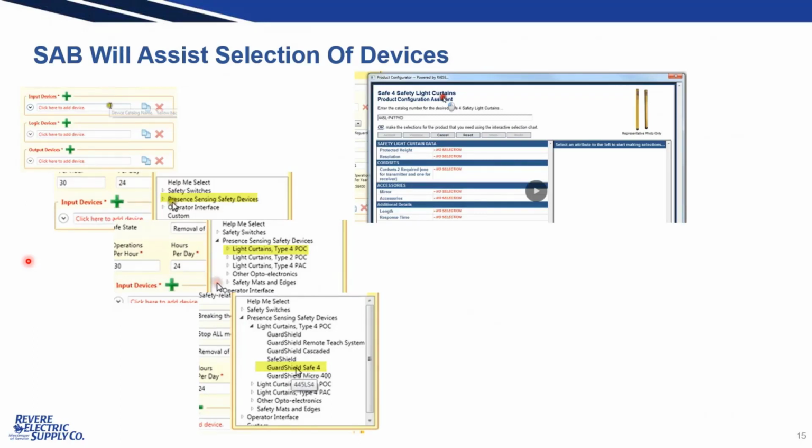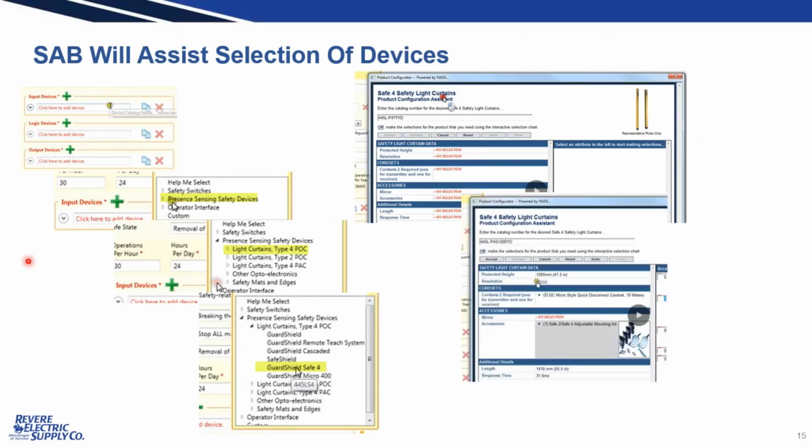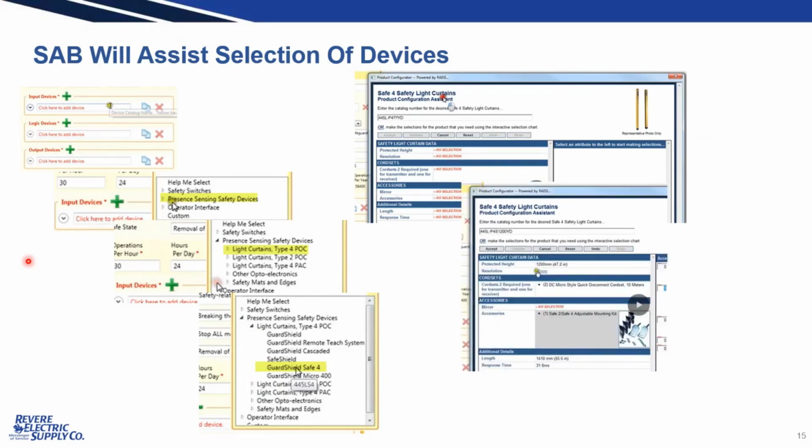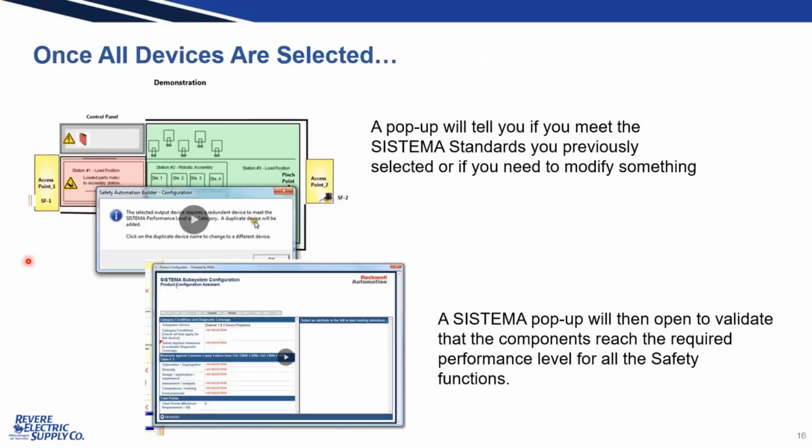And you can see here, once you open light curtains, the Safe 4 light curtain, you have some things that you have to select to make sure that they're going to give you the component that you want. The protected height, the resolution, but it'll also walk you through selecting cord sets or even accessories such as mounting brackets and things like that.